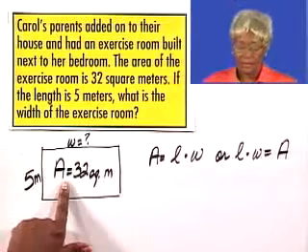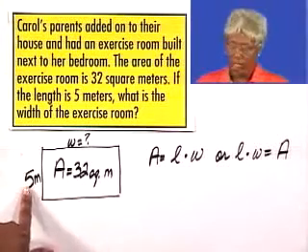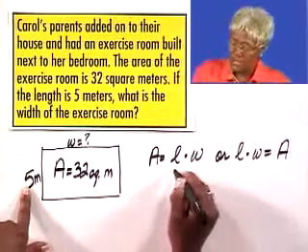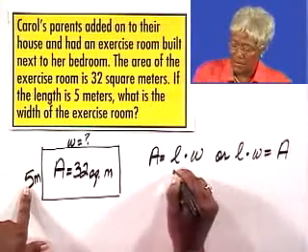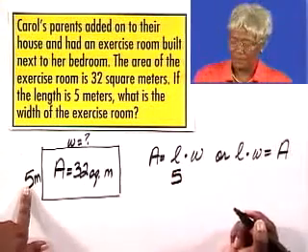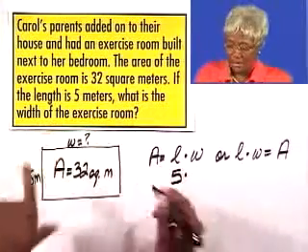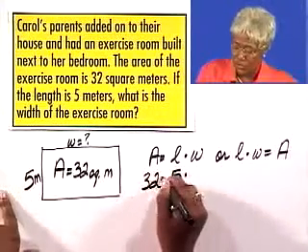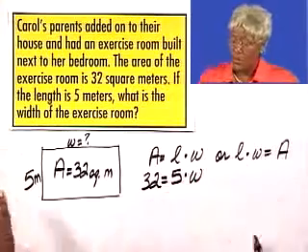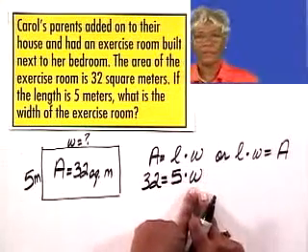What are we given? We're given the length. So I'm going to go ahead and use this equation. It doesn't matter. The length is 5. And we also know the area, which is 32 square meters. But we don't know the width.